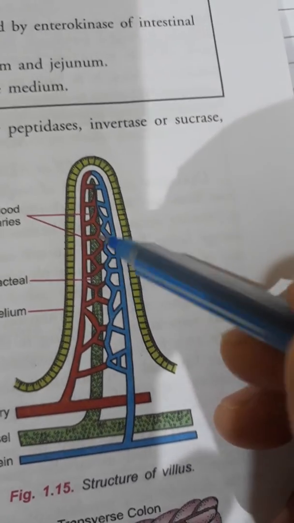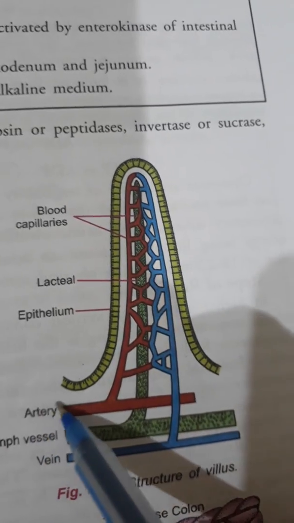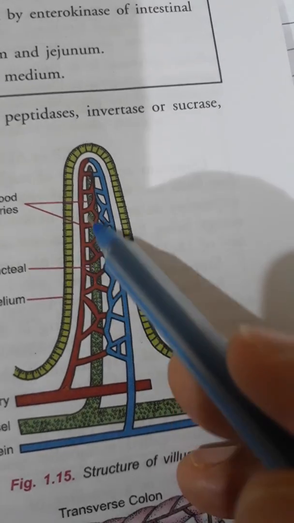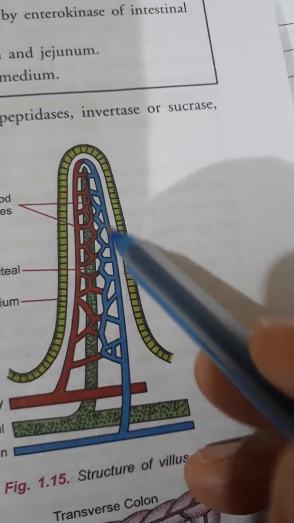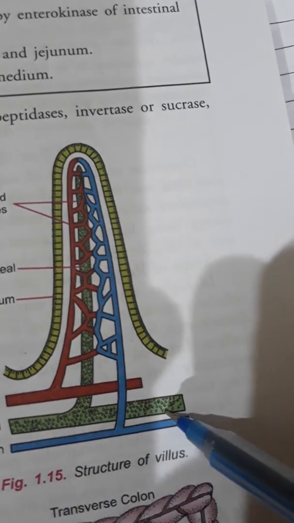There's a network of blood capillaries. These red lines and blue lines that you see form a network. The blood is brought by the arteries. The artery sends off a branch into the villus, where it forms a network, and finally the capillaries join together and join the vein.